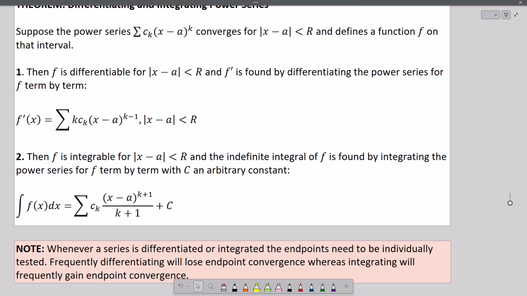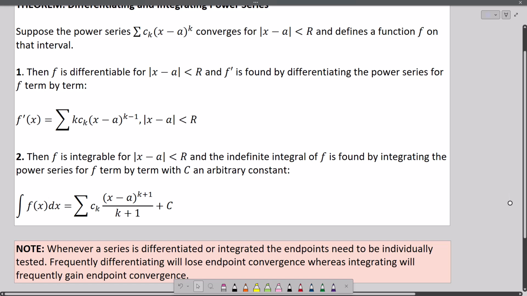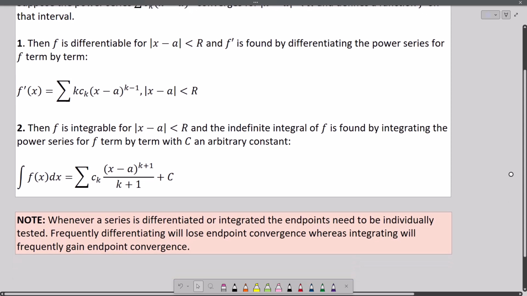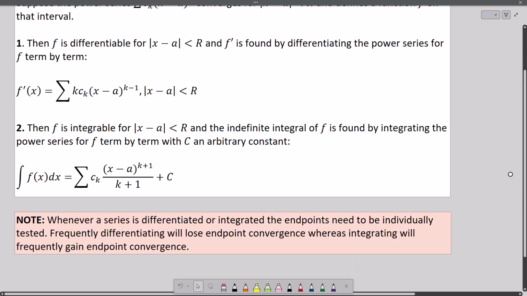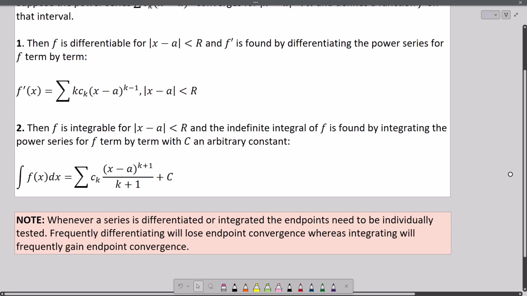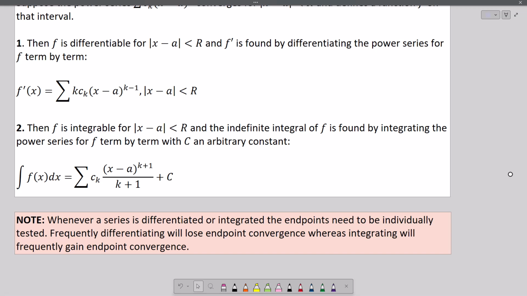And interval of convergence: what we will have is the same radius of convergence, but when you differentiate or when you integrate, the endpoints could have behavior that changes. So unfortunately, when you differentiate or integrate, you do have to retest endpoints.